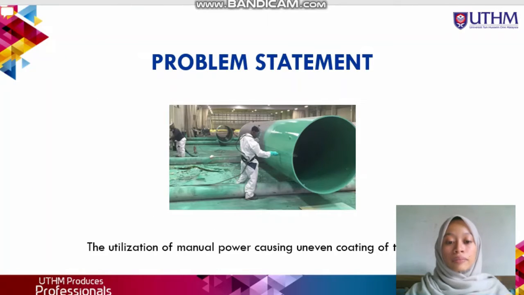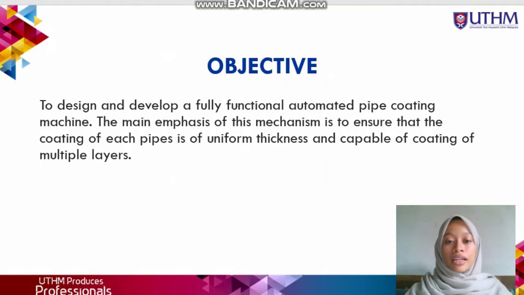For the problem statement, the utilization of manual power causes uneven coating of the pipe. And the objective, relying on the problem statement, the objective is to design and develop a fully functional automated pipe coating machine.